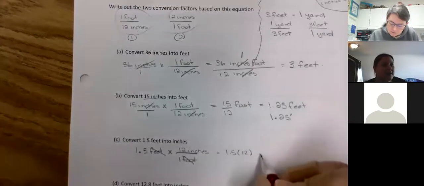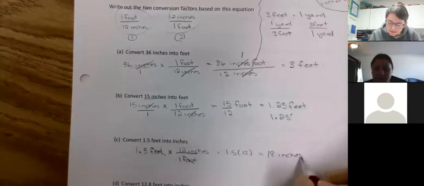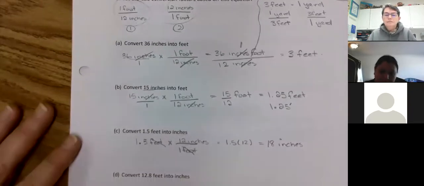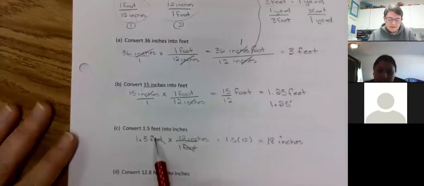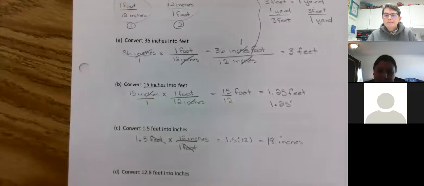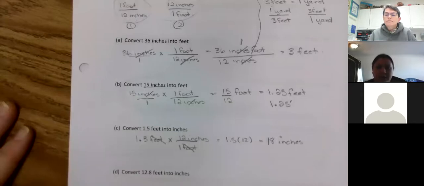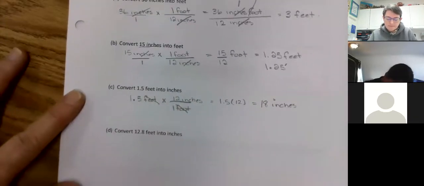And that's going to give me 18 inches. So you really have to watch what unit is here, because whatever's here is what needs to be on the bottom. Try the next one.